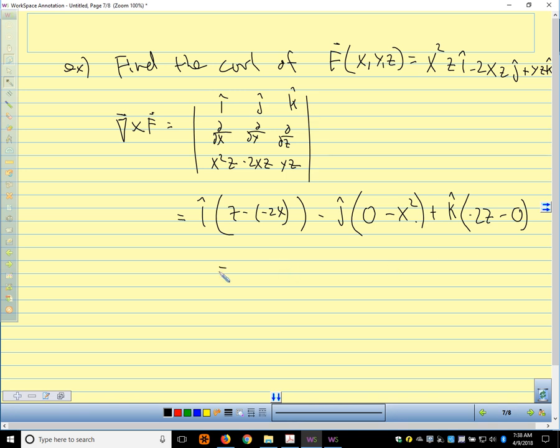So we get that the curl is (2x plus z) i hat plus x squared j hat minus 2z k hat. That would represent the curl of that vector field. And this vector tells us something about the tendency of that field to cause a rotation.